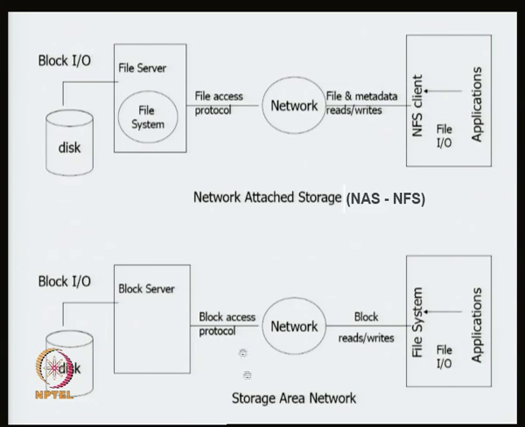So, there are two different ways of accessing it, and we would like to look into each of these in some detail. What I will do right now is to briefly summarize the difference between these two and then proceed with discussing how the fiber channel protocol enables you to encapsulate SCSI commands.